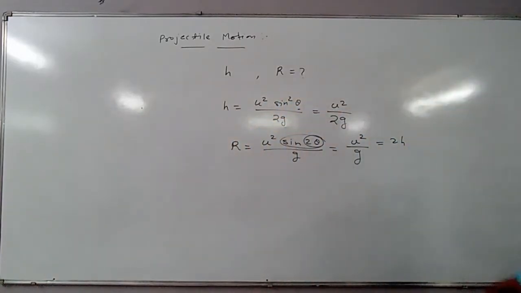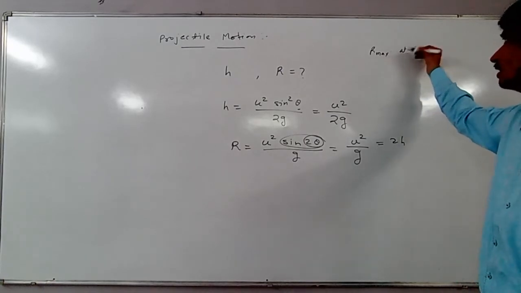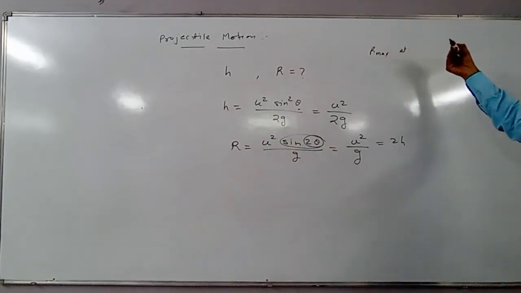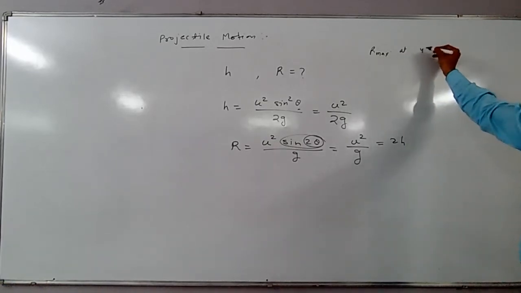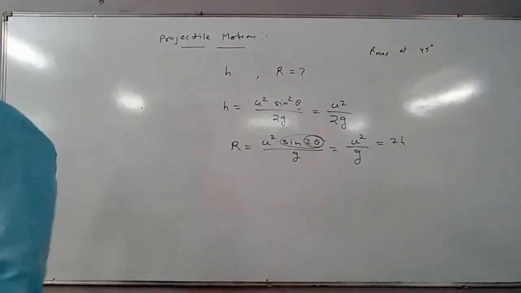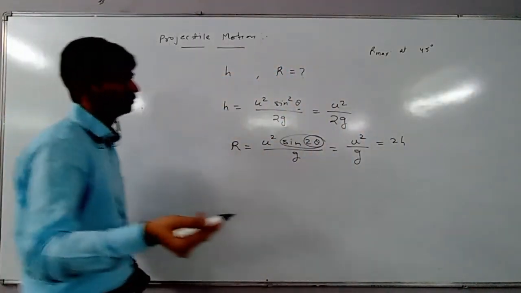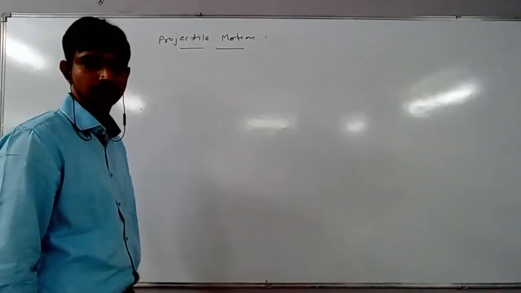Okay. If you want to remember one thing, at which angle r max occurs, at which angle the projectile will have the maximum range? 45 degree. How? Because this sin 2 theta is maximum at an angle 45 degree. But this is so simple, no one is going to ask me this question.